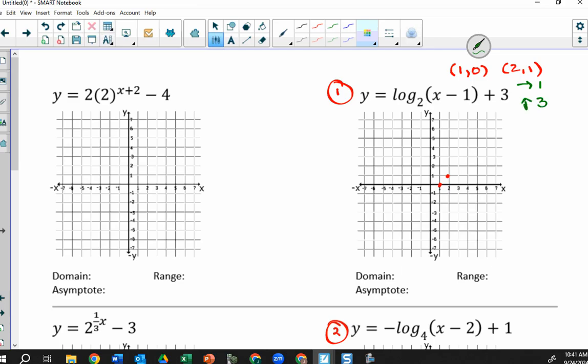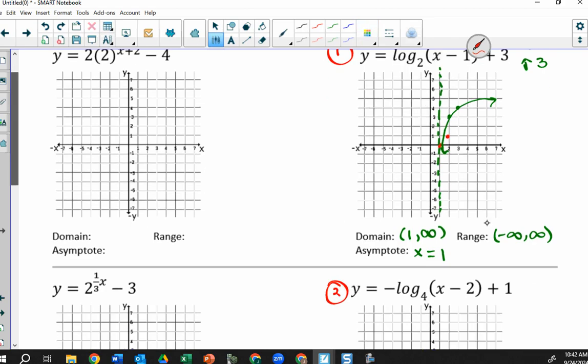Okay, so I count 1, 2, 3. Where does that put the vertical asymptote? 1, yes, because that's where we shifted. And then we can draw roughly our shape there. So your domain should have been 1 to infinity, range negative infinity to infinity. Yes? We're pretty good when it's just shifting, right? Okay. Anybody questions on that first one?